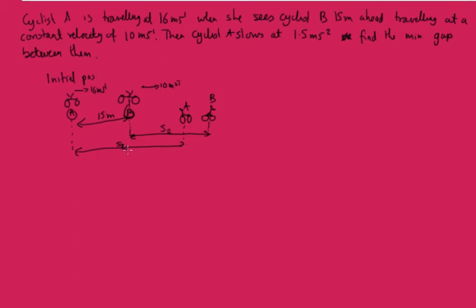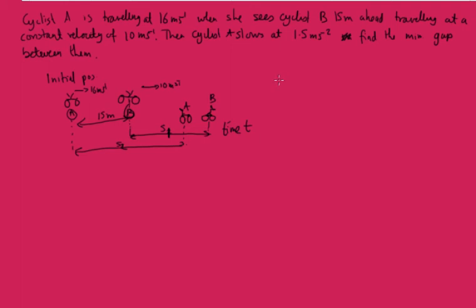So this is distance 1, the distance that cyclist B has gone, and this is distance 2, the distance that cyclist A has gone. And this has all happened at some time, the same time t. The time t is from when they're 15 meters apart to when they are at their minimum distance.